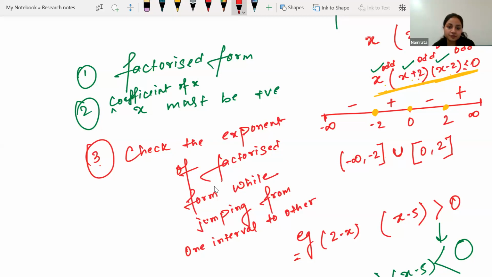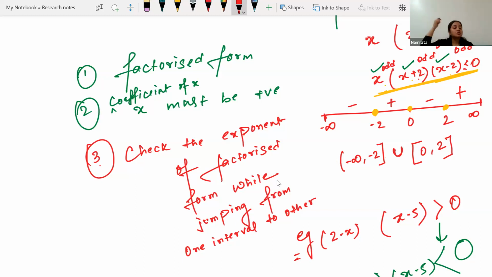Okay. For applying the wavy curve method, these are the few steps which I have written. Quickly we will be writing plus minus plus, but we have to be careful that our factorized form must be there, coefficient of x must be positive over there, and the exponent, when we are switching the exponent, if it is linear, x minus 1, x minus 2, x minus 3, just like that, then plus minus we can write.